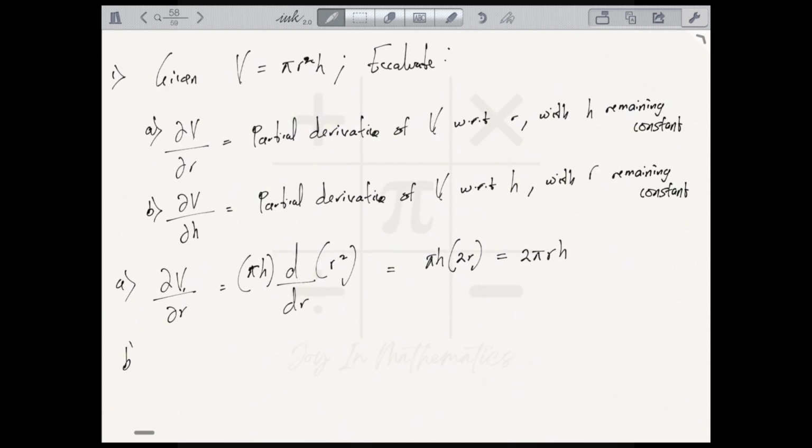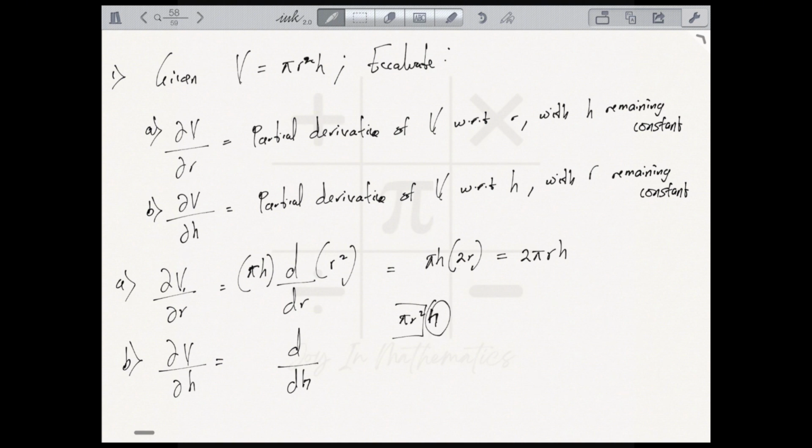Similarly, dV/dh, we are differentiating with respect to h with r remaining constant. So every other variable aside from h will be assumed constant. Since we have pi r squared h, this is the variable we are differentiating.